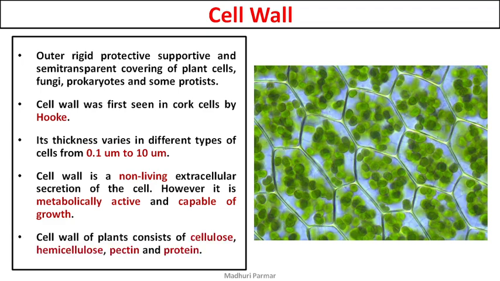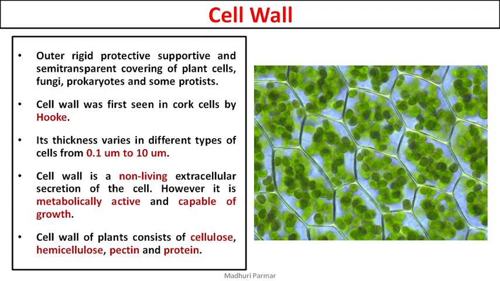Cell wall of plants consist of cellulose, hemicellulose, pectin, and protein. Here, cellulose, hemicellulose, and pectin, all three of these are polysaccharide. Polysaccharide means they are long chains of sugar molecules.